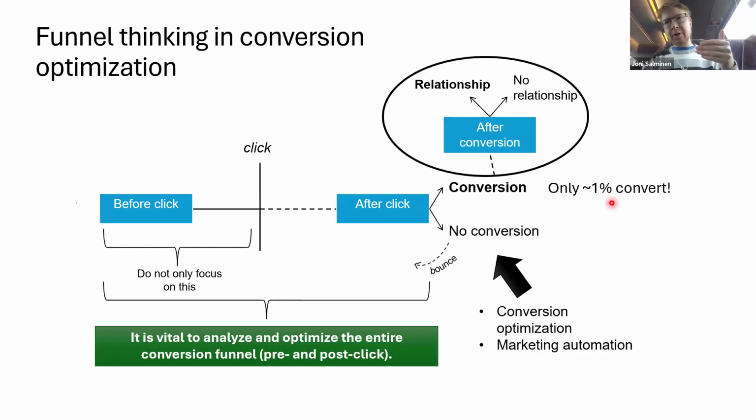So that means if you are, for example, getting advertising clicks, 99 of those are not leading to immediate conversion. So only 1 out of 100 people will perhaps make the purchase immediately. So this is quite typical. You have a huge dropout rate.